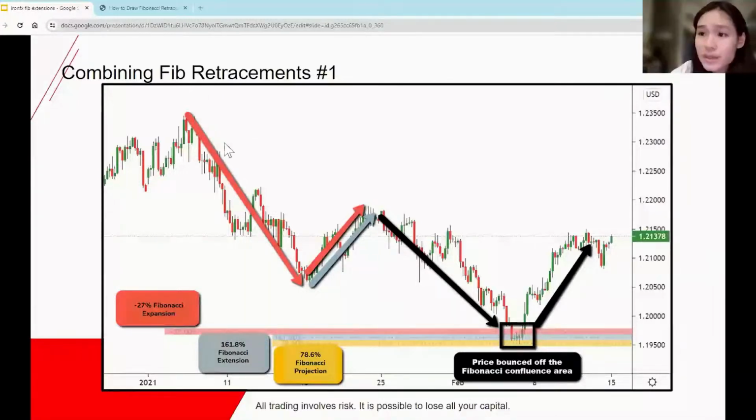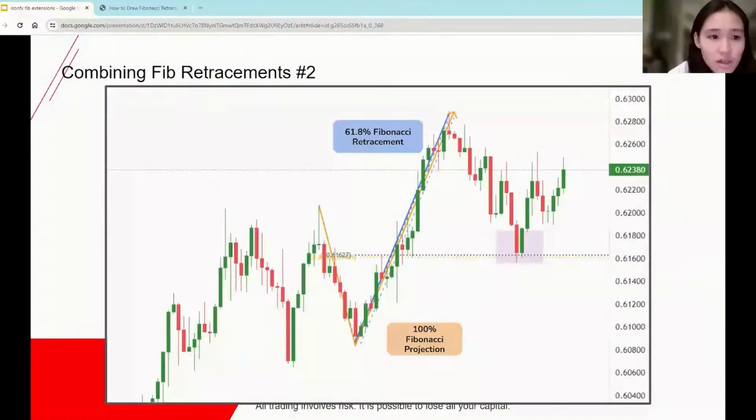For Fibonacci expansion, you can see the trend line that we are following from the red arrow, and then for Fibonacci projection, we are looking at the black arrow. Okay, and we can see that price bounced off of the Fibonacci confluence area over here. So that's how you use confluence.